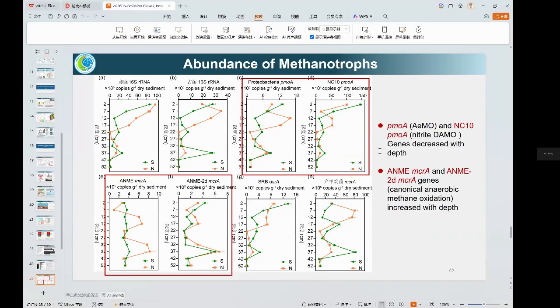The qPCR result showed that the pmoA gene decreased with depth. This gene is responsible for aerobic oxidation and nitrate-dependent pathways. But for the mcrA gene, the abundance increased with depth.